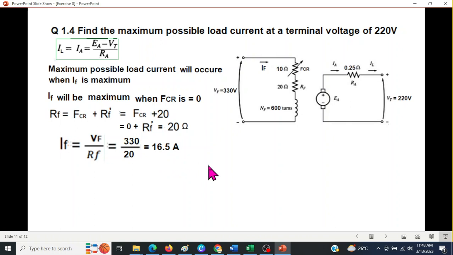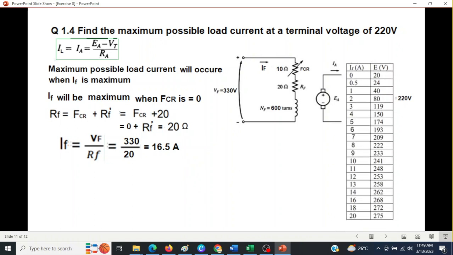Okay, with this, we have to calculate EA. Go into the OCC table. 16.5 will be again between this and this. So you have to guess, it is about 268 and 272, and the gap is of 2. We need 16.5, so I guess it will be about 269.